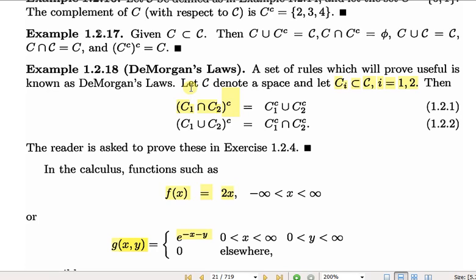Let C denote a space, and let Ci be a subset of C, where i is 1 and 2. Then the complement of the intersection of C1 and C2 results like this.